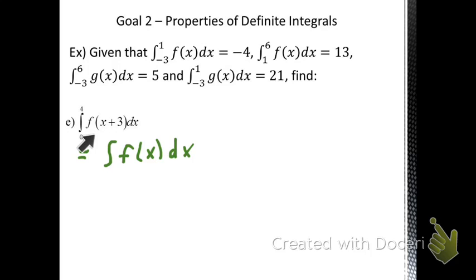Okay, that's really just going to be equal to the integral of f of x with respect to x, but since we translated 3 units to the left, we have to subtract 3 from each of these limits of integration, so you'd be integrating from -3 to 1 instead.